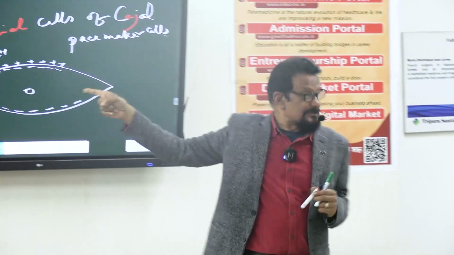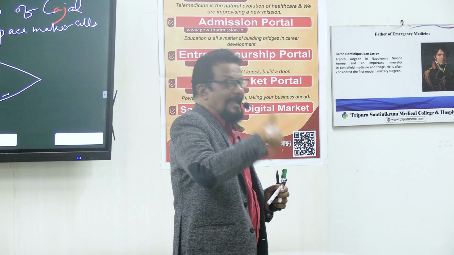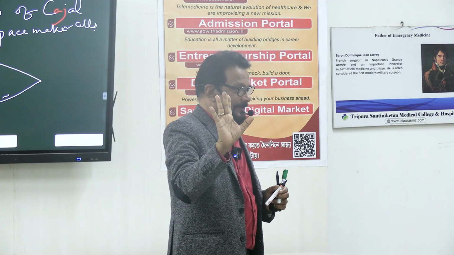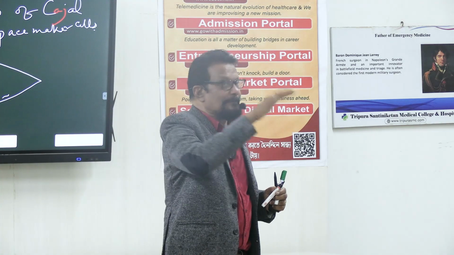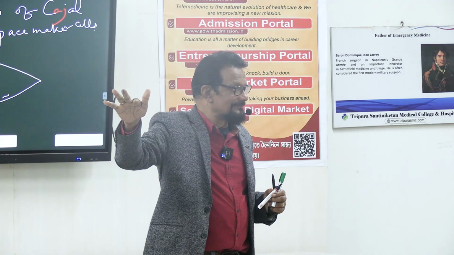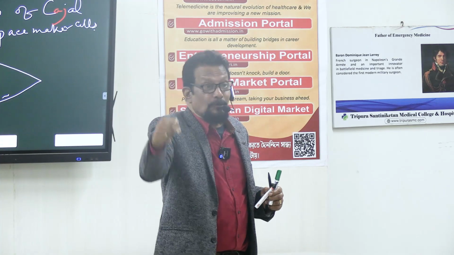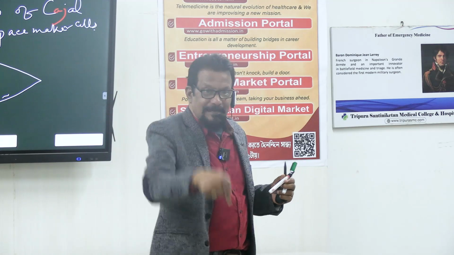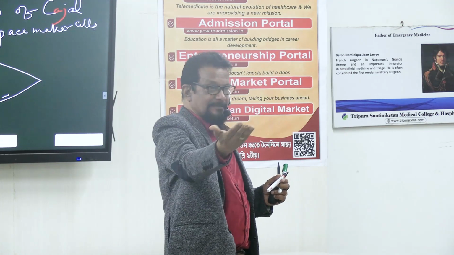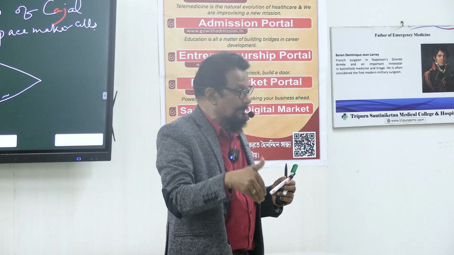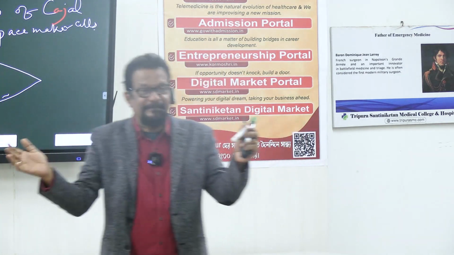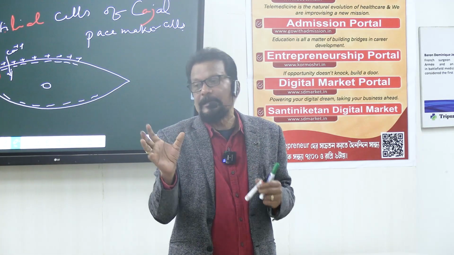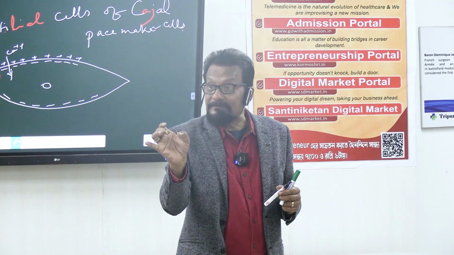But when this spike potential is produced, this is like action potential. This is nothing but action potential of smooth muscle. So immediately this will be passing along the sarcomere of the smooth muscle, and it will cause release of more calcium ion, and the calcium ion enters within the muscle cell, and actin and myosin will form cross bridge, and there will be contraction of the smooth muscles.